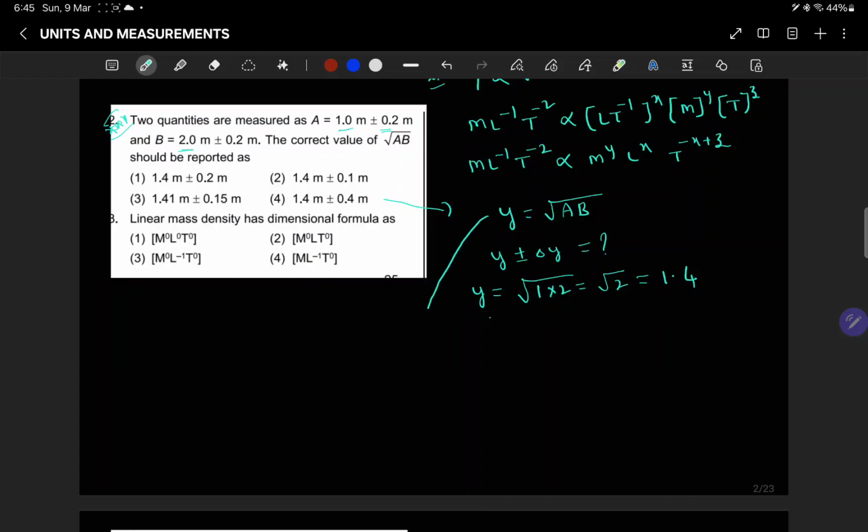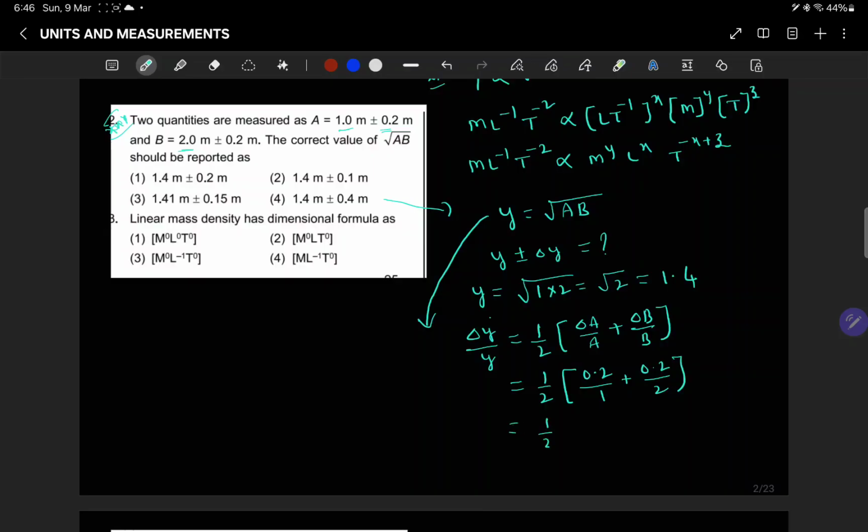Delta Y, how to calculate? This step is very important, students. Error in measurement of Y: delta Y by Y equal to root A into B means 1 by 2 into delta A by A plus delta B by B. Here delta A is 0.2, given in the question, by 1, plus delta B is 0.2 by 2, students.